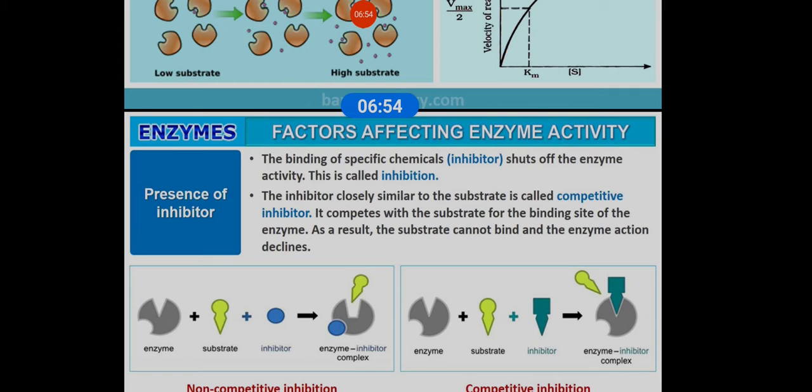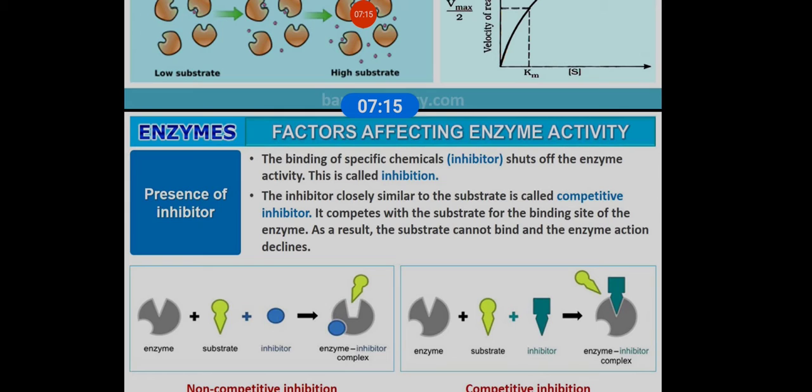Inhibitors are those which are similar to the substrate, meaning that if the substrate structure is similar to the inhibitor, the enzyme can combine with the inhibitor instead of the substrate. Such type of inhibition is called competitive inhibition.